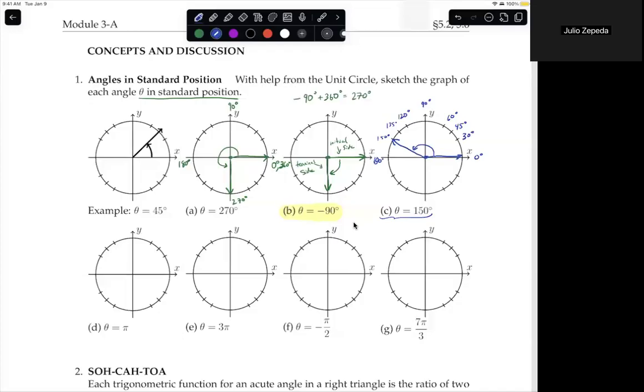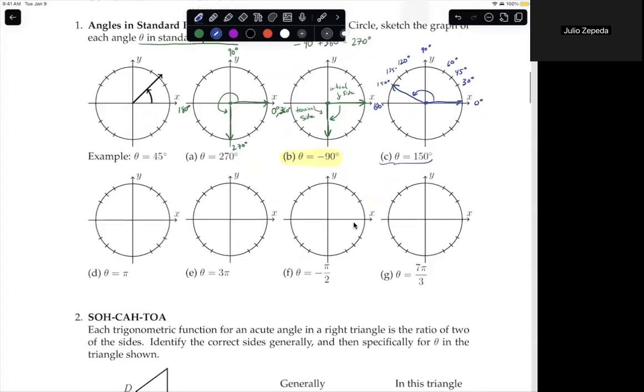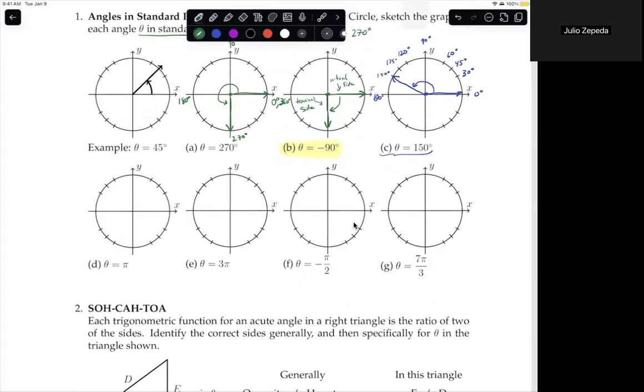Okay, so there is also another way that we can measure angles, and that is through using radians. The equality that we want to know is that 360 degrees, meaning one entire revolution, is equal to 2 pi radians. So an angle of 2 pi radians is one complete revolution.